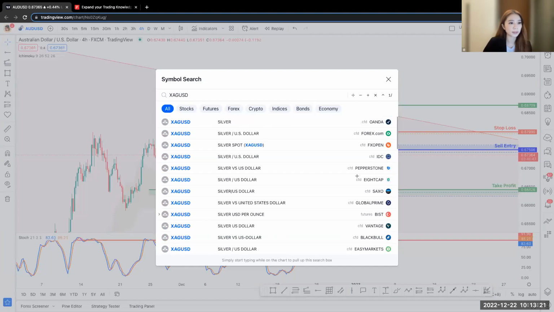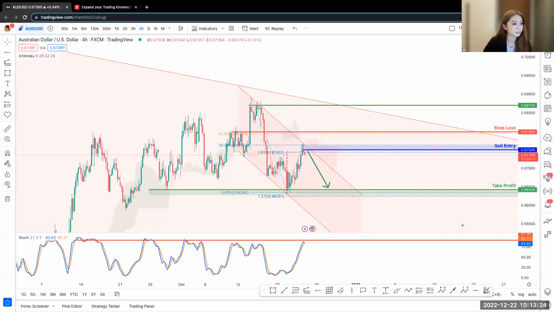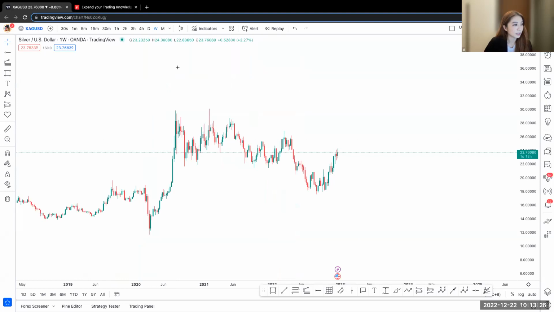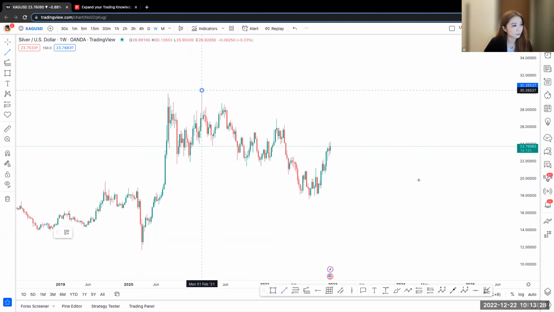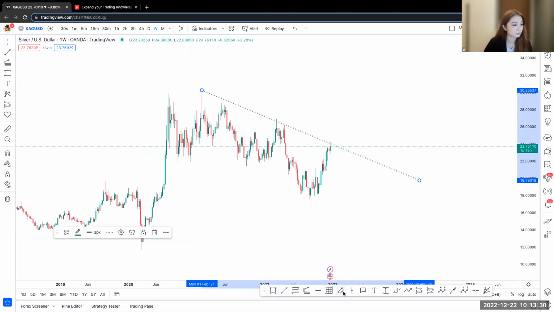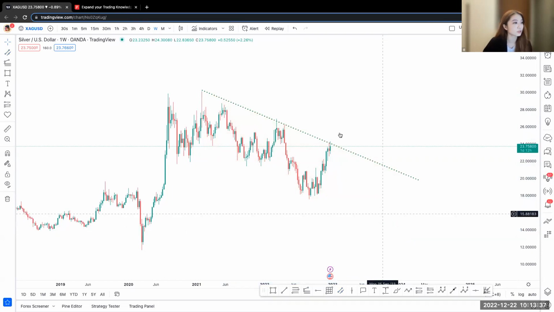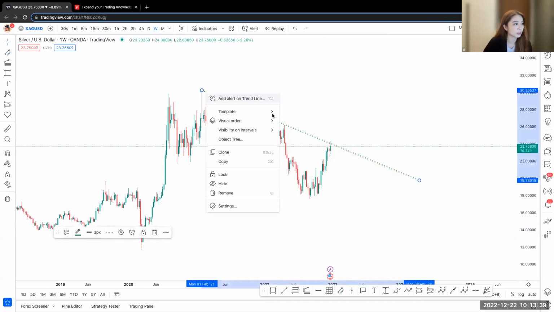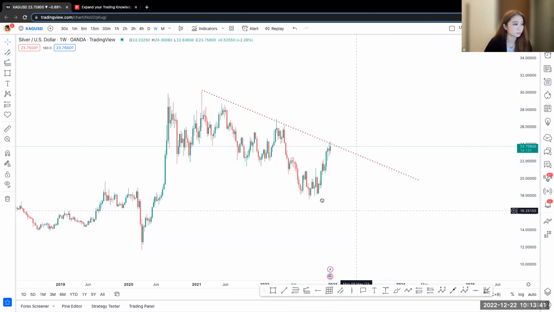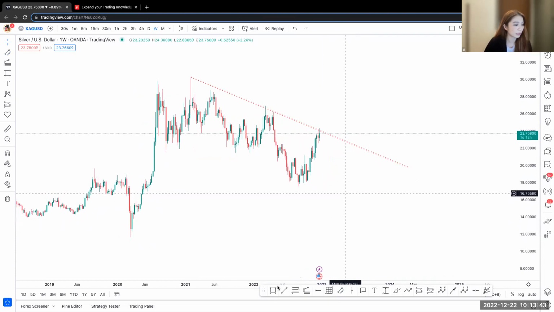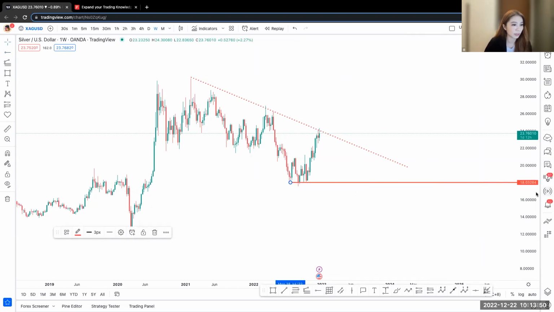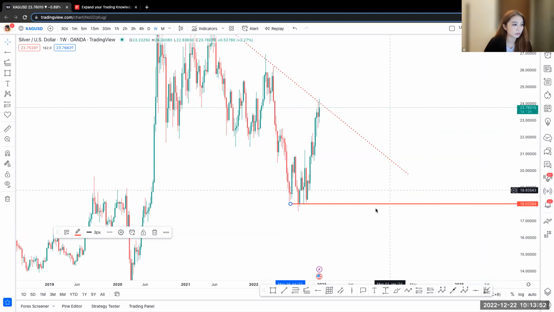Same way, we'll start from the weekly approach. We're looking at a downward moving trend, with a support at 18.03.